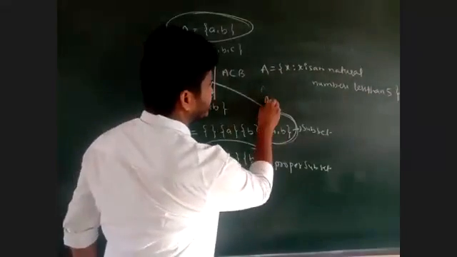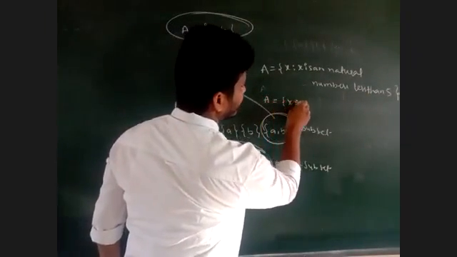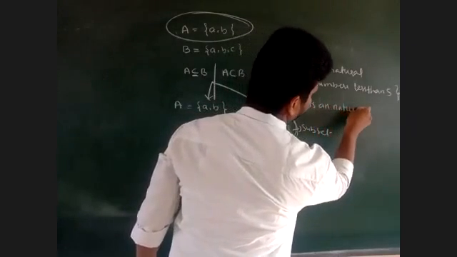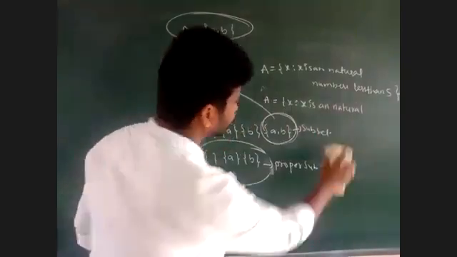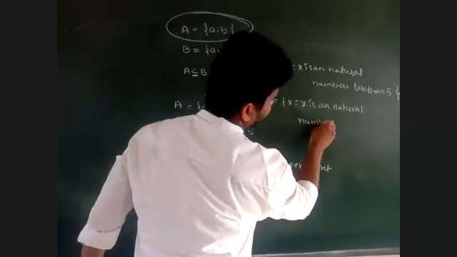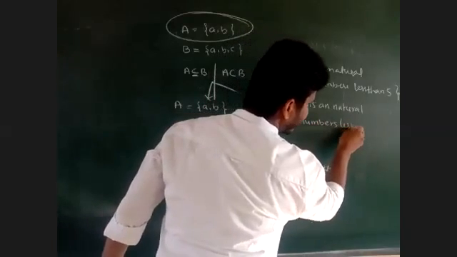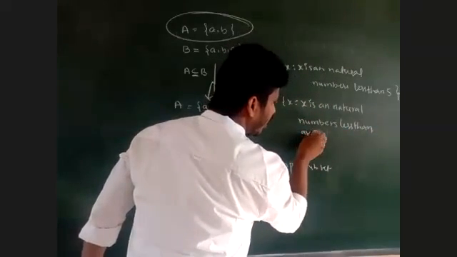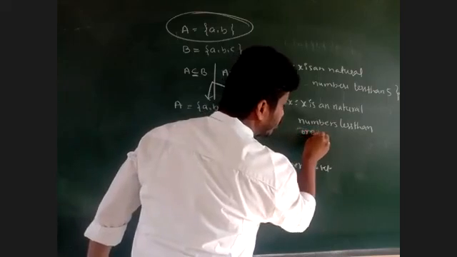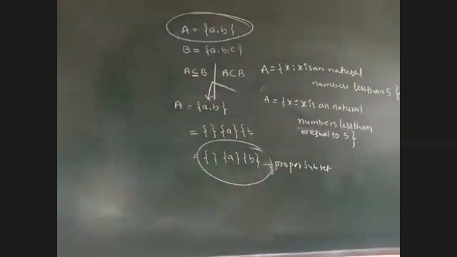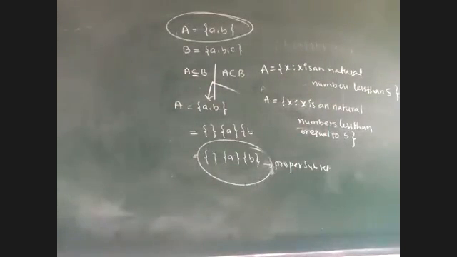Take one more set. Set A equals x such that x is a natural number less than or equal to 5. Then tell me, what is the meaning of this statement?